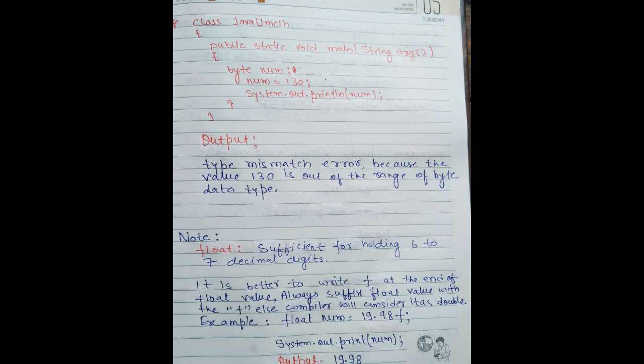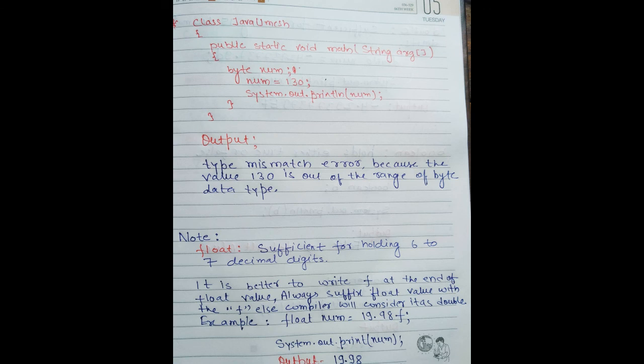When we run this program we will get an error. What type of error will we get? We will get a type mismatch error, because the value 130 is out of range of the byte data type. That's why it displays the error, because byte has a different range and 130 does not come under this range.